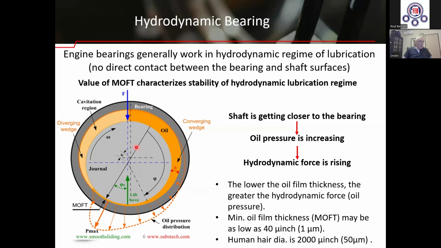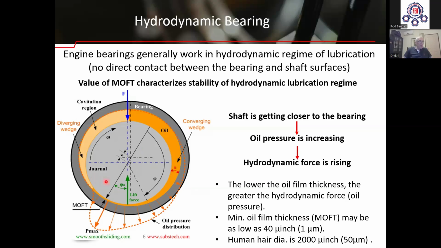The lubricant is forced to squeeze through the gap between the bearing and shaft surfaces. Together with the lift force, the hydrodynamic friction force is generated. The balance between the forces determines the final position of the shaft and the value of minimum oil film thickness.